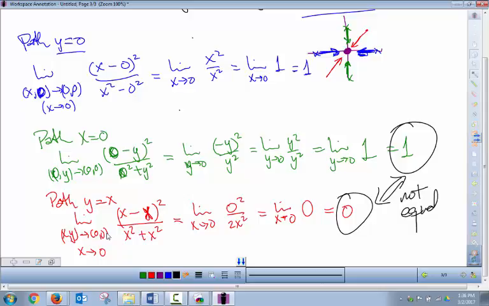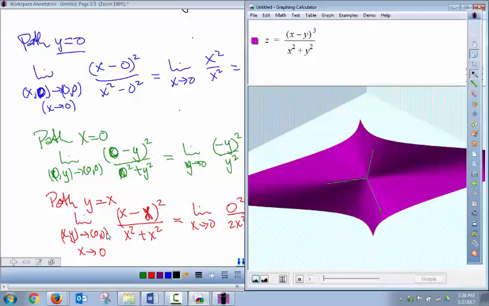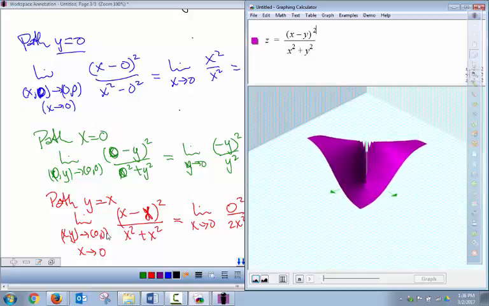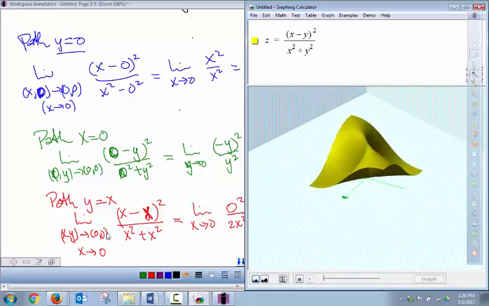So we could see a 2-dimensional picture. Let's try to look at the 3-dimensional picture again. And you'll see what's distinctive about this particular graph. Maybe choose a color.